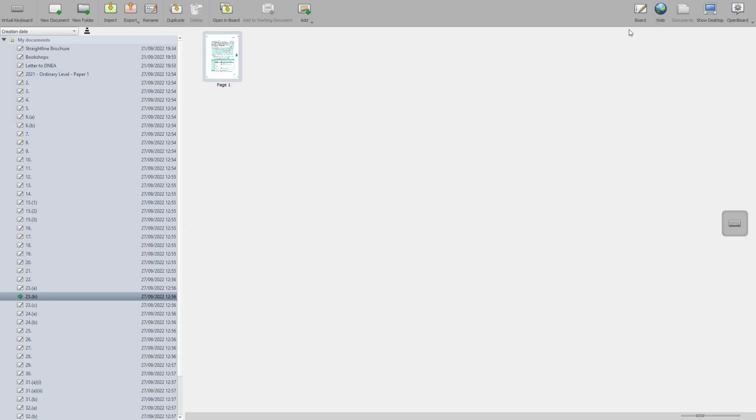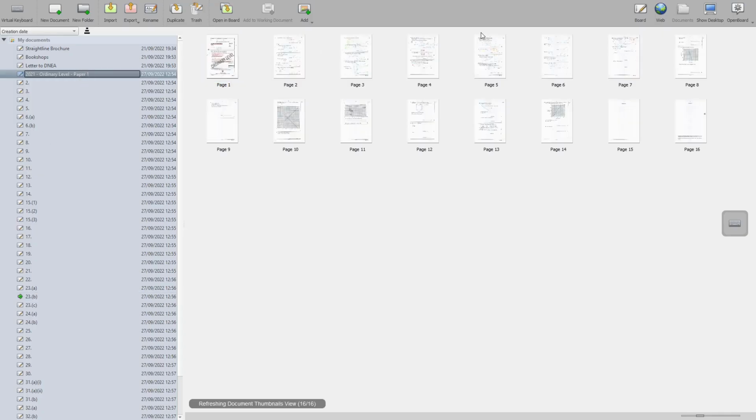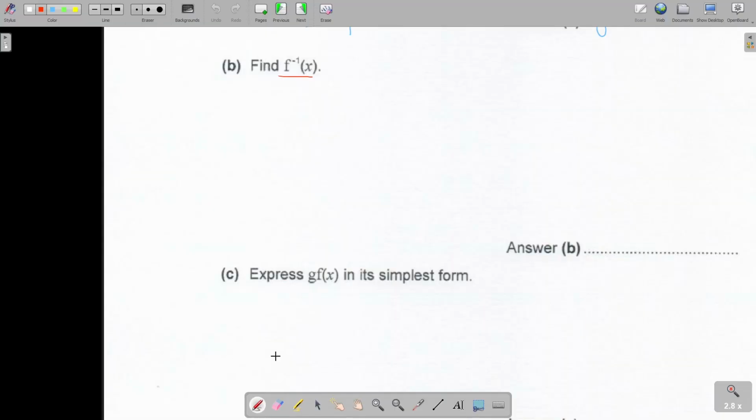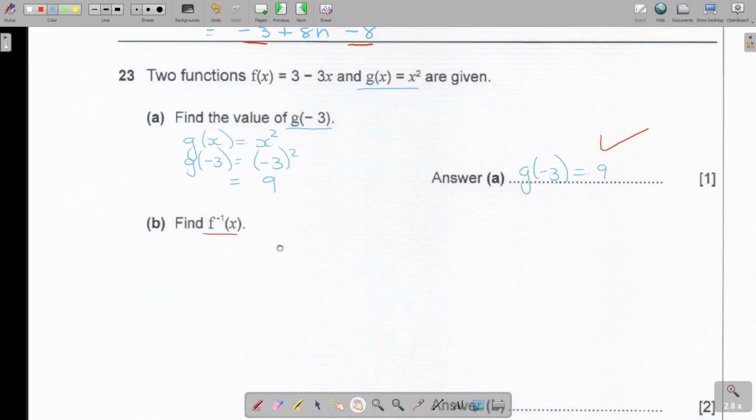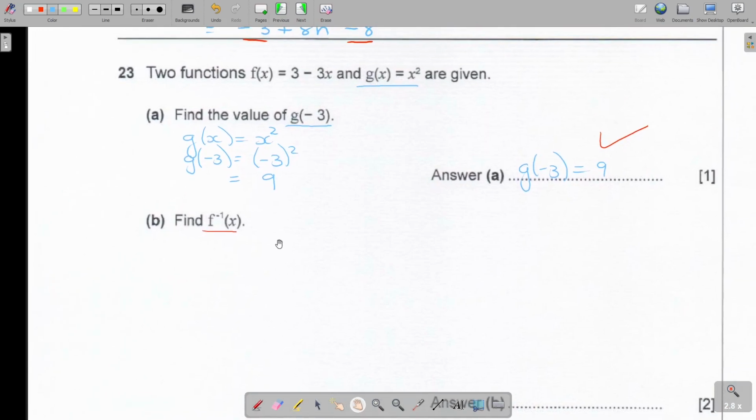Okay, so let's just go to the question paper again. And then I'm just going to start here, and I'm just going to move it a bit down so that I see just the equations. So go to F. Now not to G, to F. So start by saying f(x) equals 3.